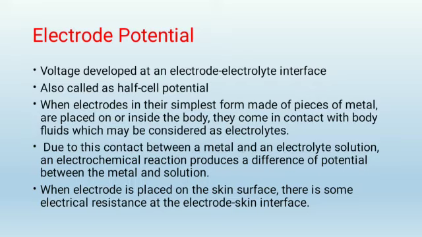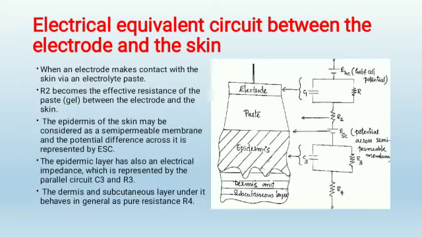When an electrode is placed on the skin surface, there is some electrical resistance at the electrode-skin interface. This is the electrical equivalent circuit between the electrode and skin. When an electrode makes contact with the skin via the electrolyte paste, the resistance RT becomes the effective resistance of the paste between the electrode and the skin.